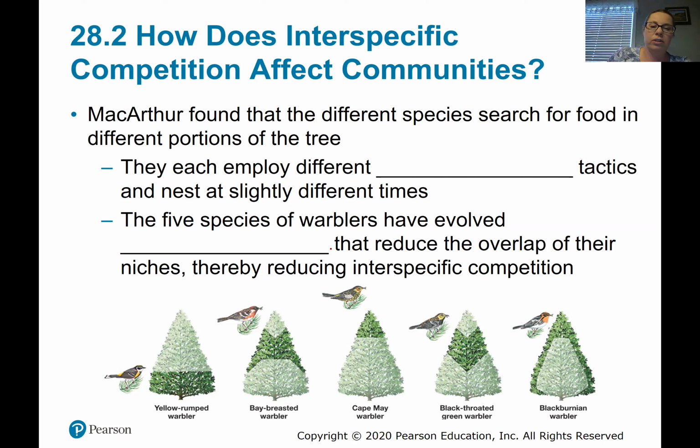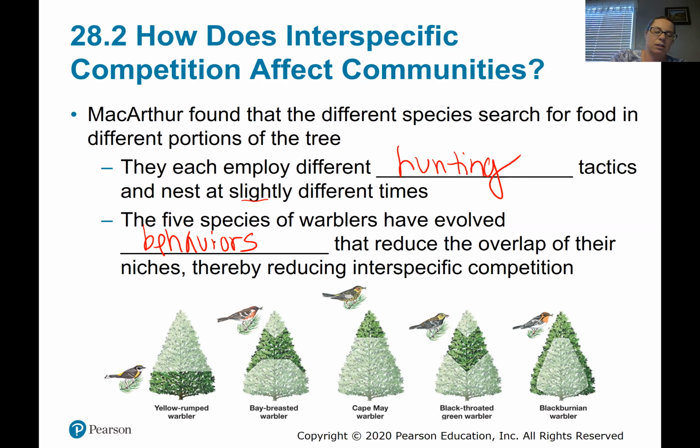And so they're each employing different hunting tactics. They nest at slightly different times of day and times of year. And they have evolved behaviors that reduce the overlap in their niche and prevent a little bit of that competition.